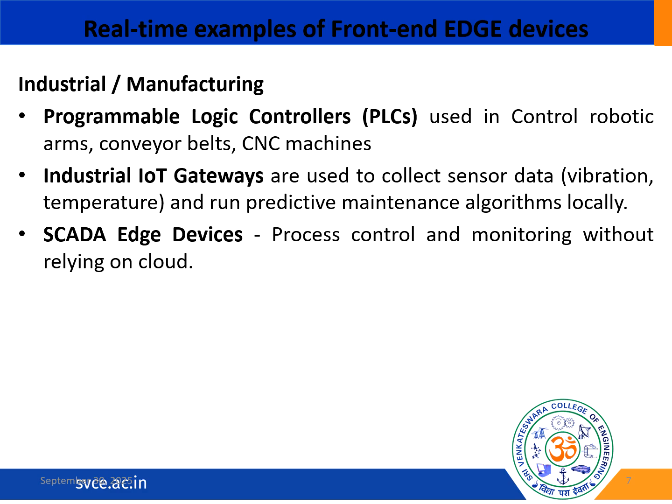So when you move on to SCADA edge devices, we have decentralized control and monitoring of industrial processes. So these types of edge devices can be used in real-time visualization. So operator dashboards can be used, alarms and trends, which can use local control logic without needing constant cloud connectivity.